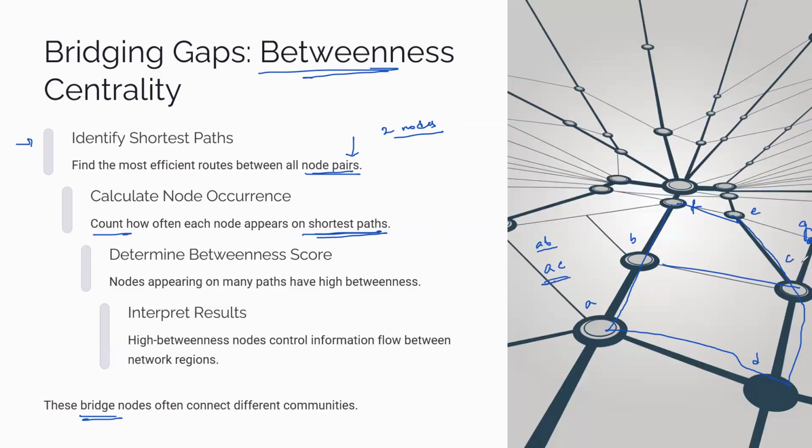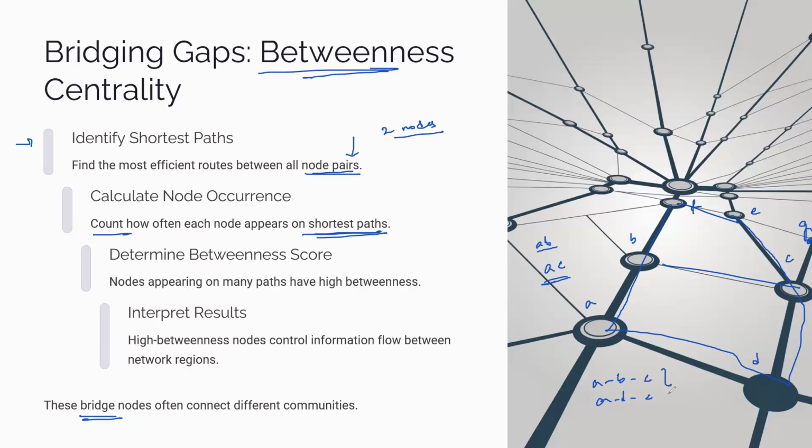But if I talk about A and C, there are no direct connections. So we have A, B, and C as one path, and A, D, and C as another path. Shortest paths are what we have to consider. We cannot consider A, B, F, E, C, that doesn't make sense.